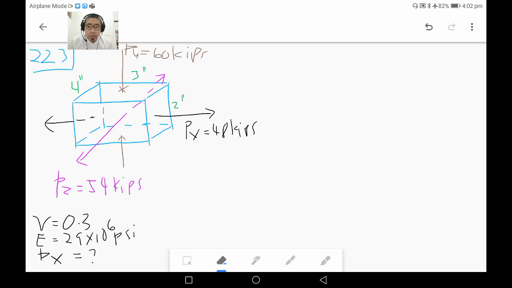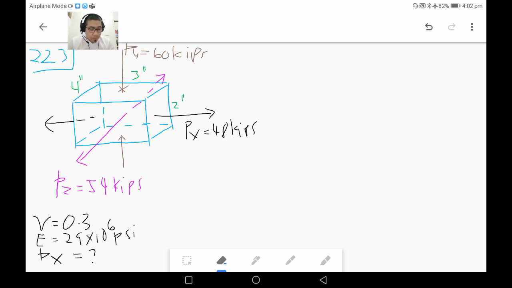So, nag-apply siya sa x direction ng 48 kips, 60 kips naman compression doon sa y, pa-compress naman yan, and 54 kips tension naman sa z direction.